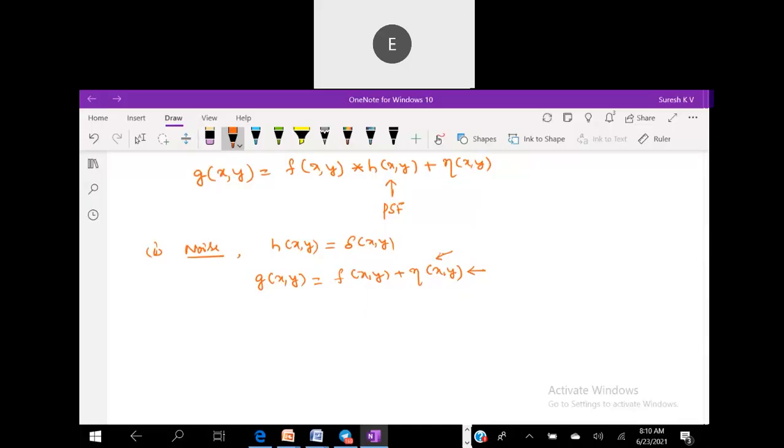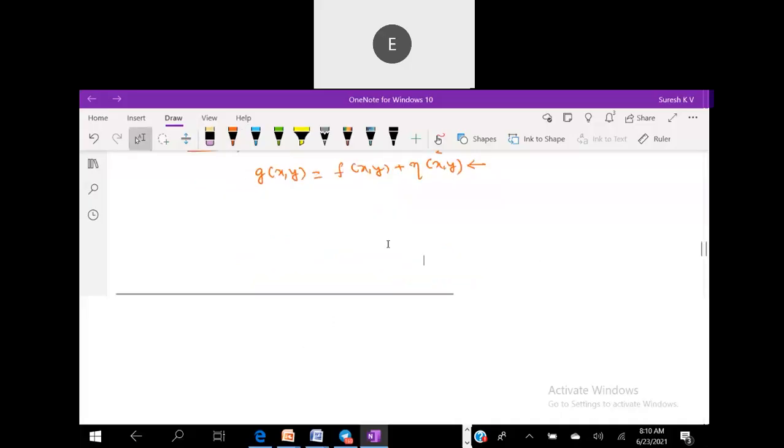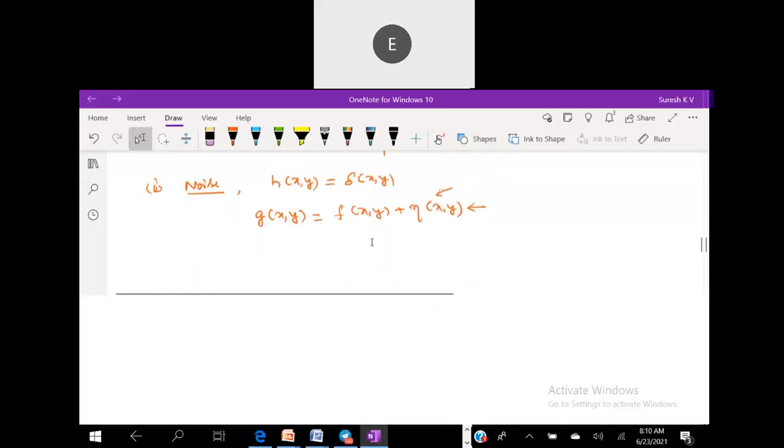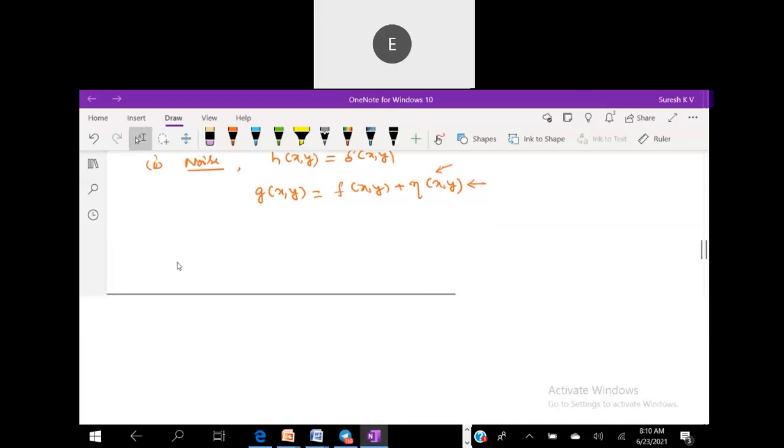If it is Gaussian type of noise, I can use different mean filters like arithmetic mean, geometric mean, etc. If it is periodic noise, I can just use a band reject filter to remove it.